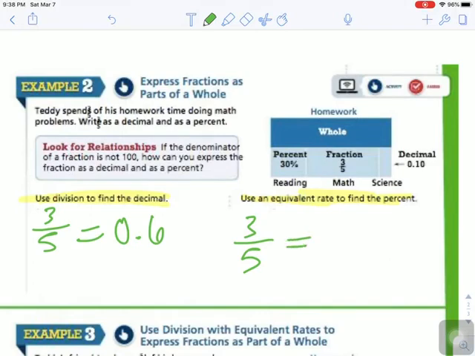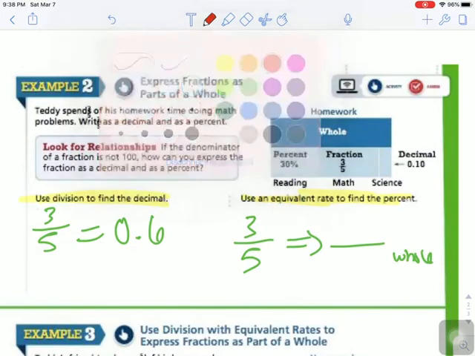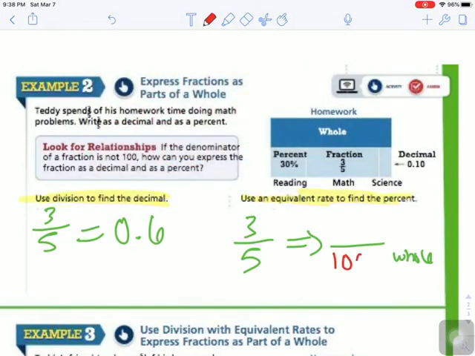So to turn this into a percent, we know what our whole of a percent is. What's our denominator, or our whole, of our percent going to be? So our whole we know is going to be 100. So what we can do here is think about our last topic when we were talking about ratios and rates. How did we get from 5 to 100?